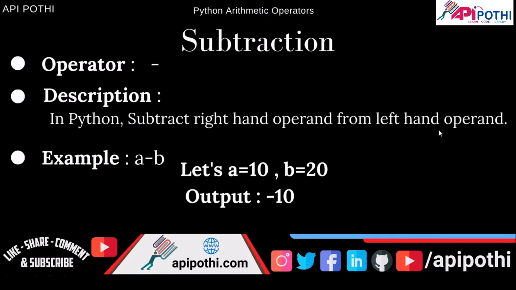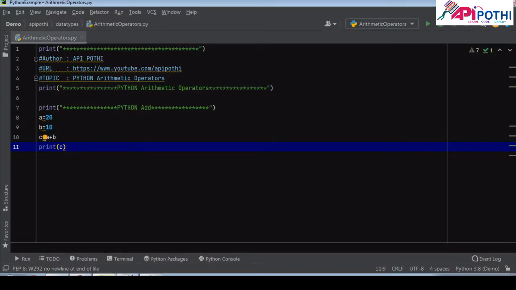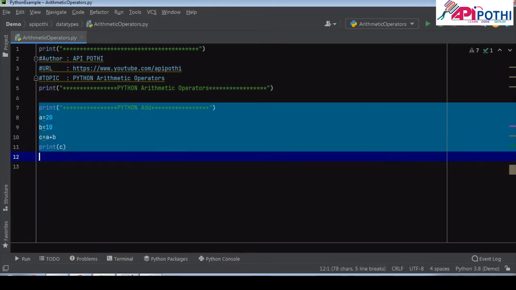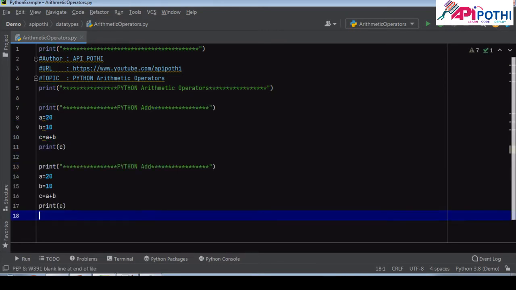Now we are going to perform the same here. So this is addition, copy this one. Here is the subtraction. a equal to 20, b equal to 10, c equal to a minus b, printing c.